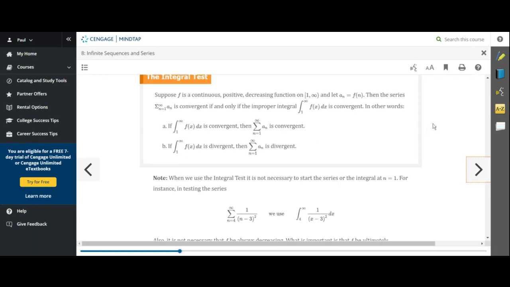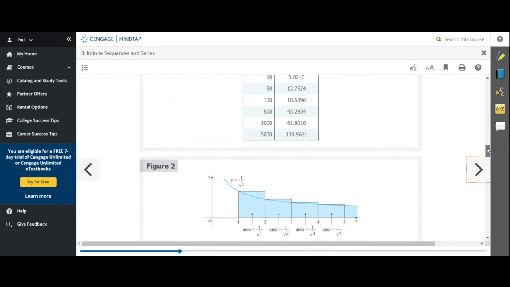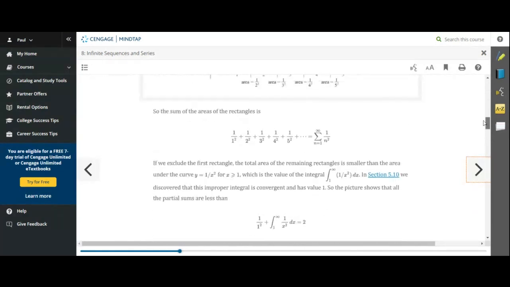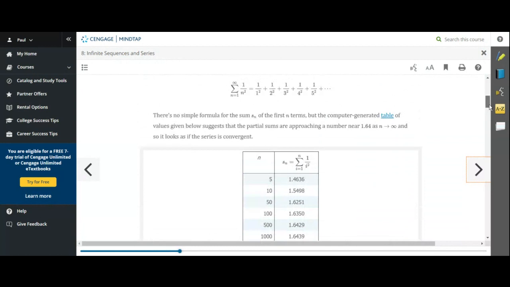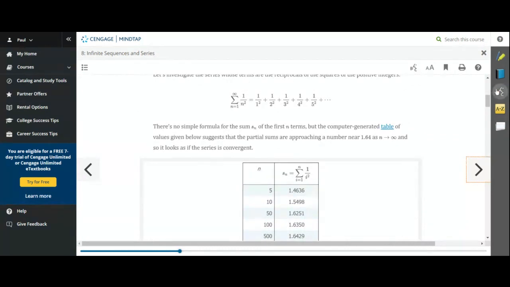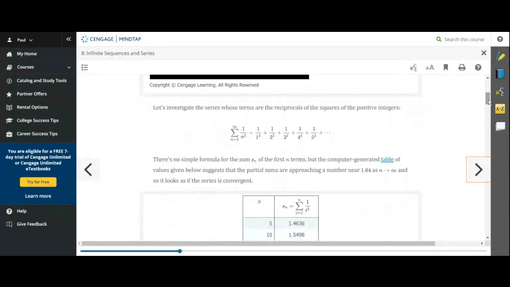Okay, and what's going on here really is, I don't want to get too technical, but you might wonder, how can we relate a series to an integral? You can do it because they have an example here near the beginning of the section.